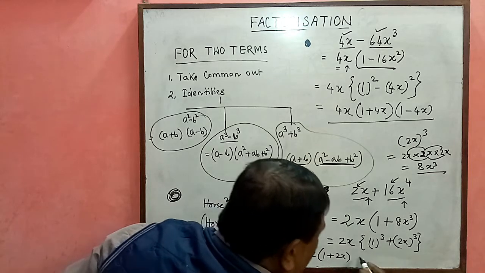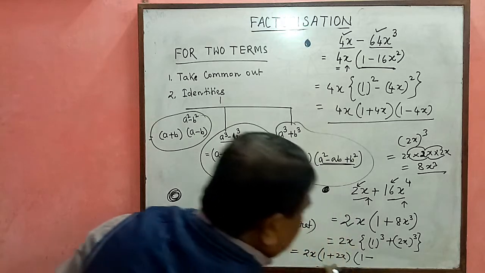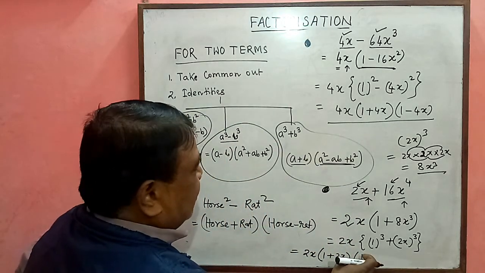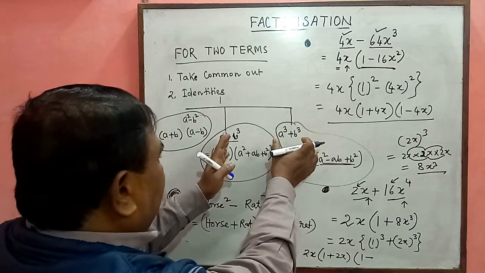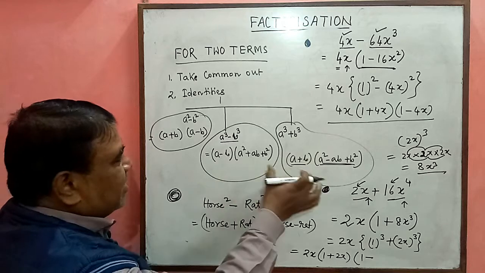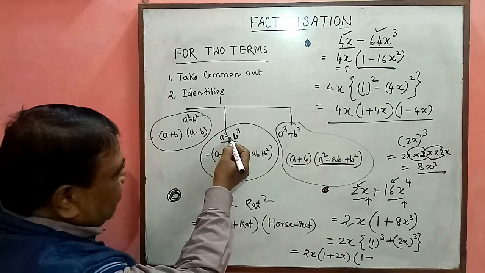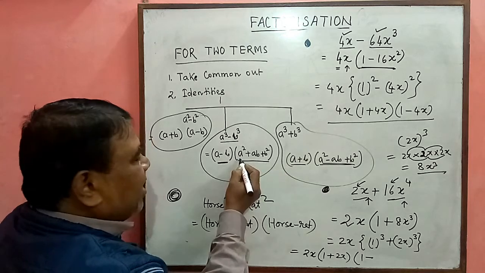Then first one square is 1. Put minus because it is already plus, so this will be minus. The difference between these two identities is here. You see, if it is minus, this will be plus; this whole term is positive because a square cannot be negative.